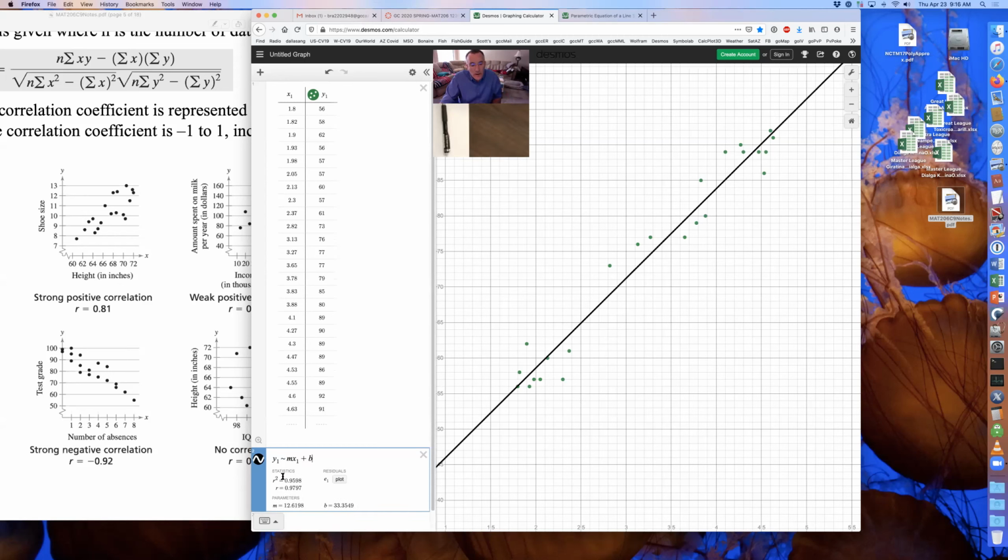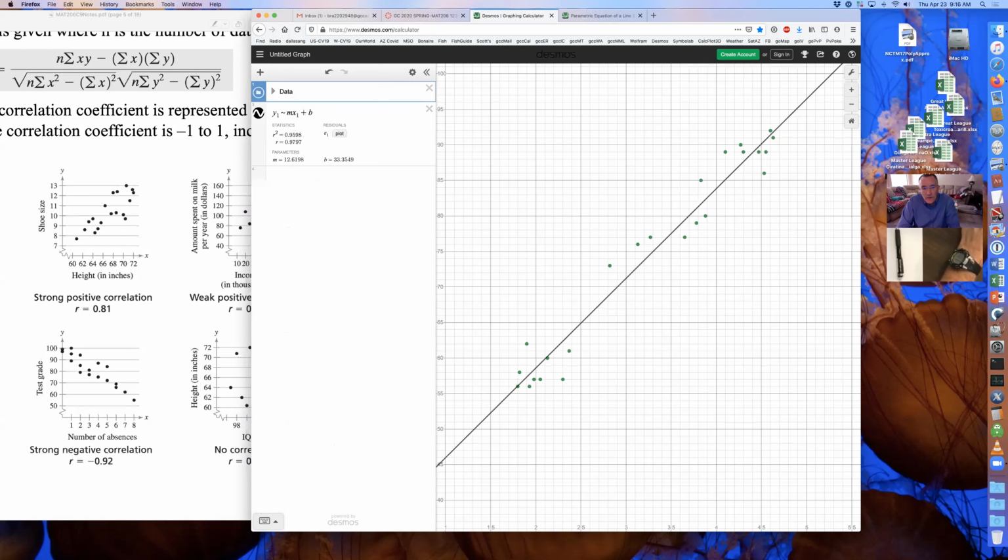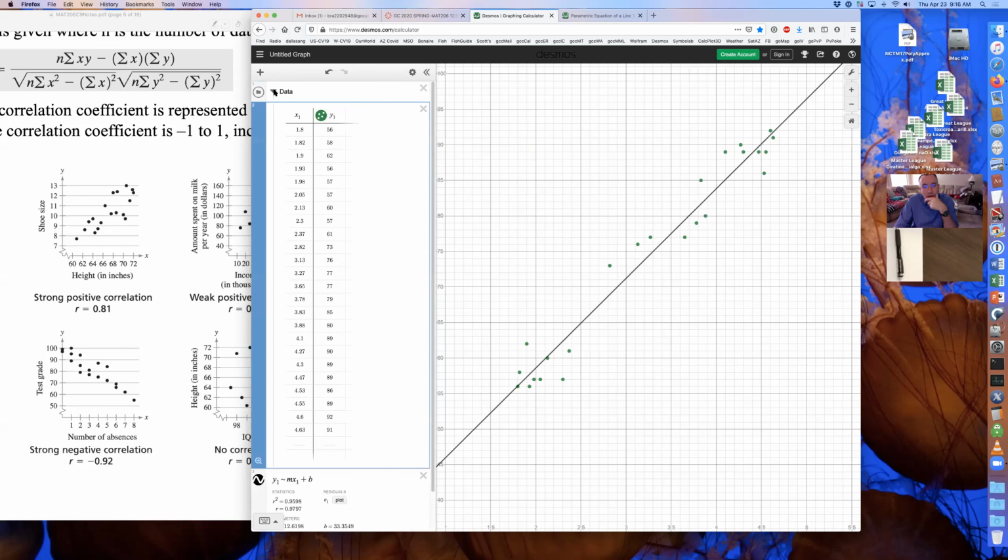I'm going to put my folder up here at the top, and then I'm going to put my points right inside this folder so that I can close this up so that I have room and you can see what I'm doing. So you can either scroll up or you can put it in there. I just hid it away inside the folder. So there's the raw data, and then I'm just going to close it up so that I can look at the regression line.